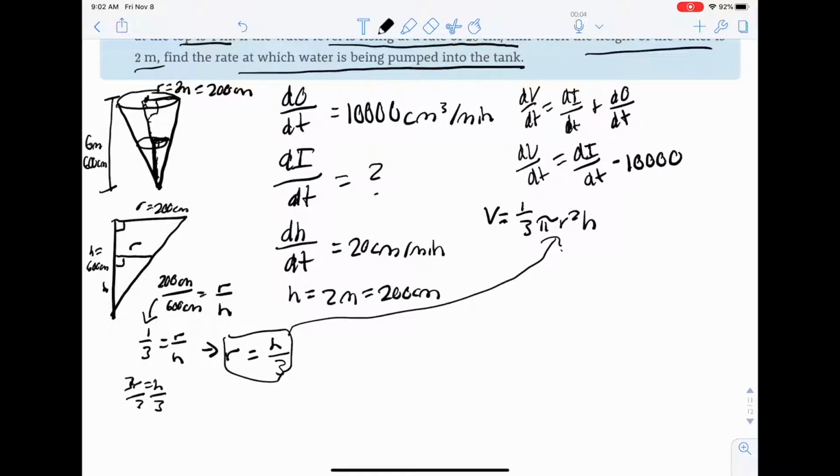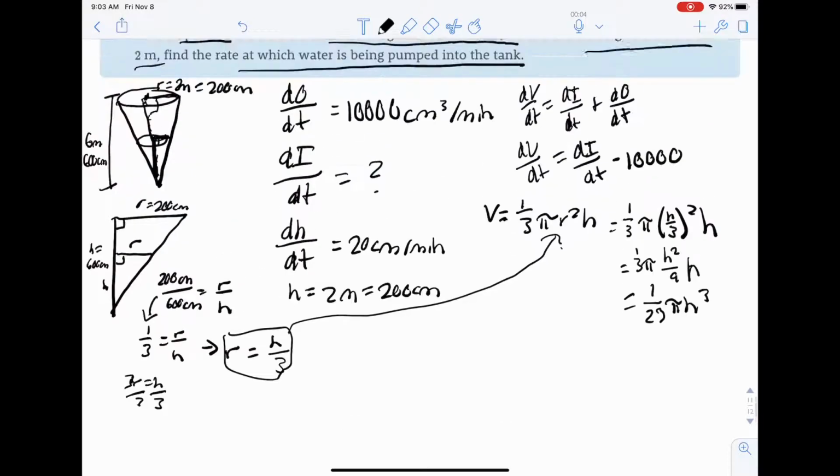So we're going to plug that in to get 1/3 pi (h over 3) squared h, which equals 1/3 pi h squared over 9 h. And so that further simplifies to 1/27 pi h cubed.